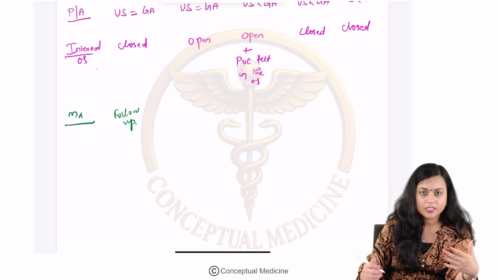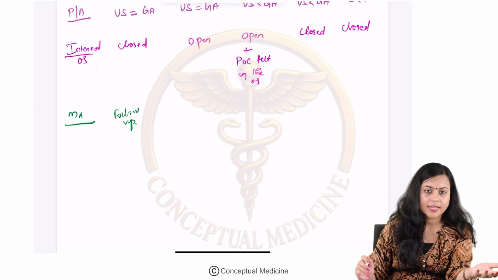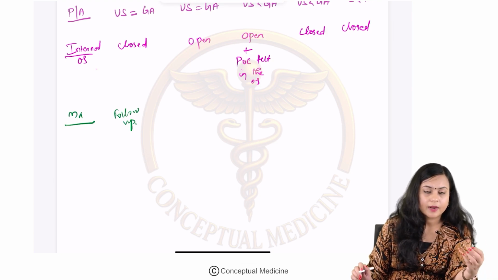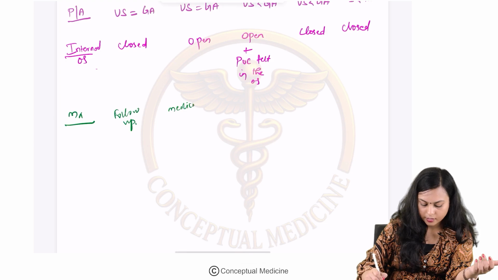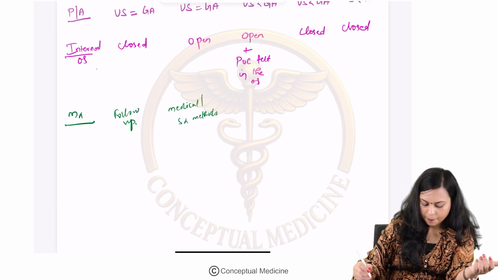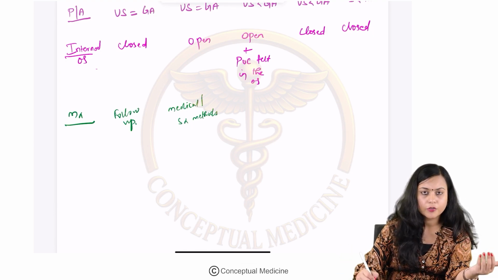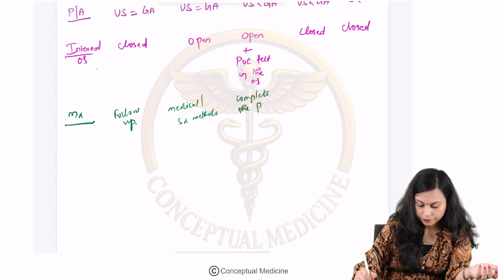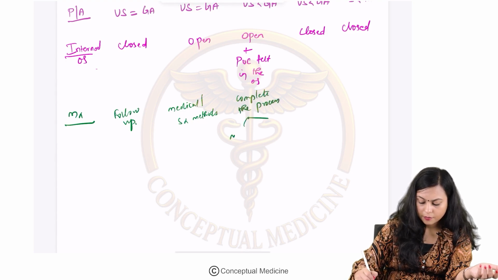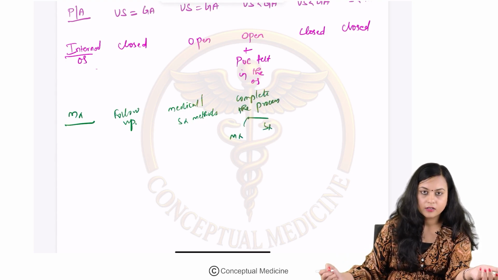So we'll proceed with the miscarriage process, and we can help the mother by completing it by either medical or surgical means. In incomplete miscarriage also, we are going to help her by completing the process of abortion by medical or surgical methods.